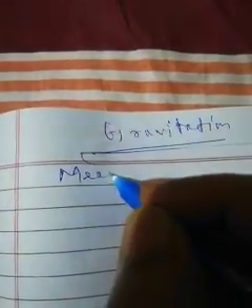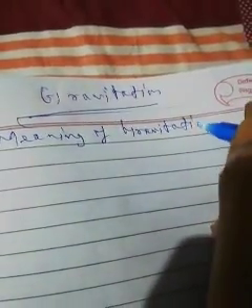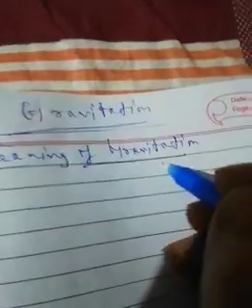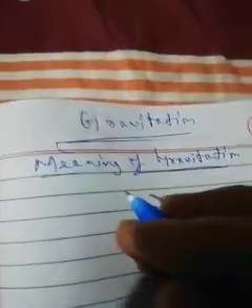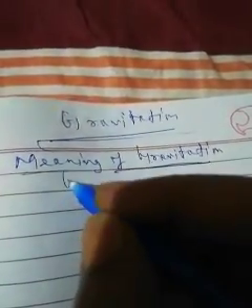Actually I explained earlier the meaning of gravitation. The meaning of gravitation is very clear. It is a phenomenon in which two bodies attract each other due to their mass.